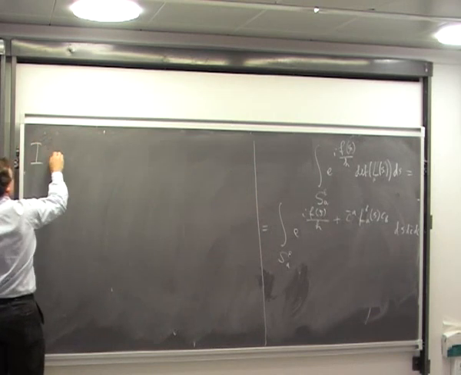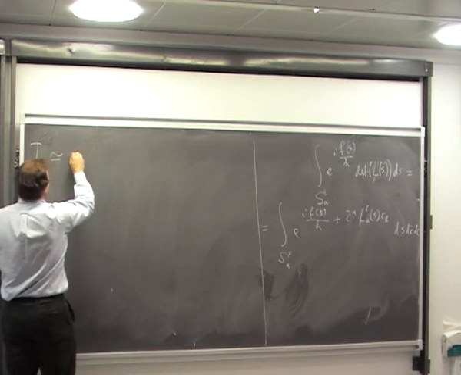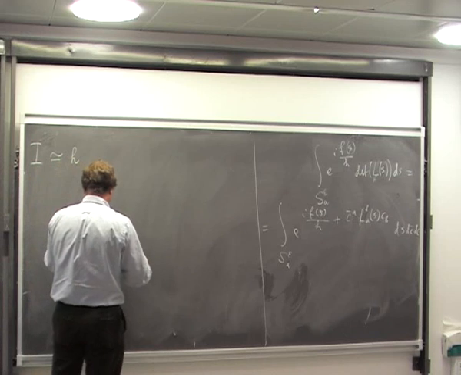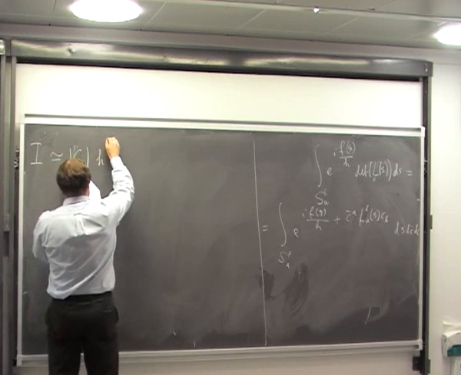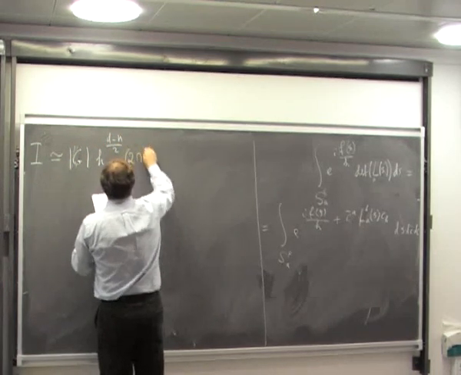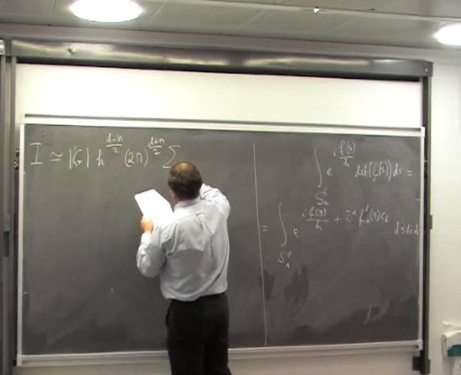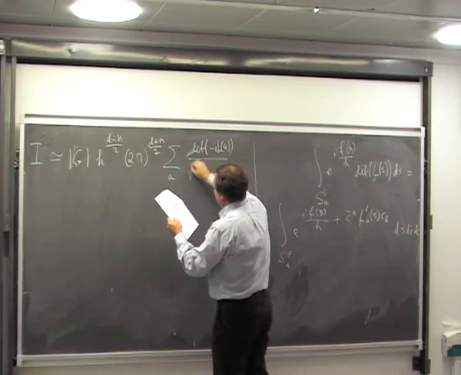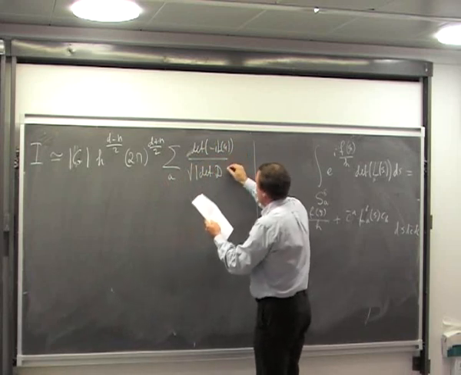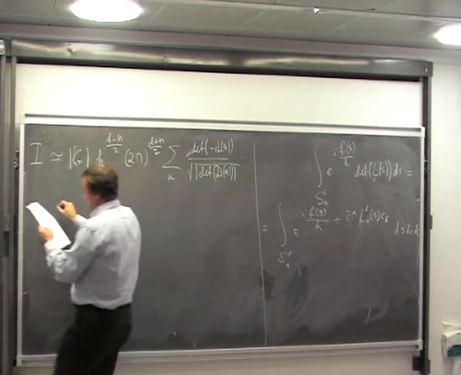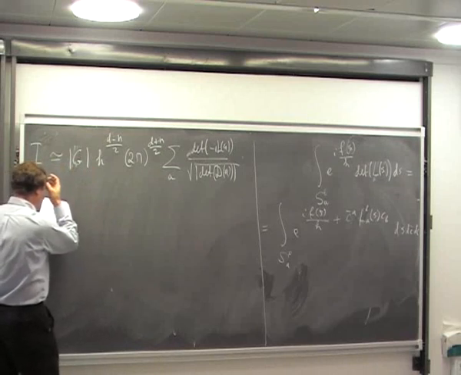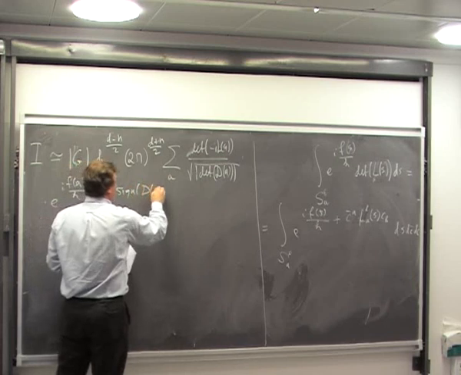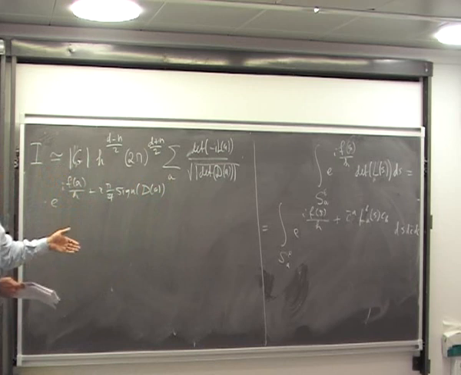So the integral in question is asymptotically equivalent to H, same powers, I'll denote this GA, signature GA, and GA is the matrix of second derivatives of F restricted to the surface of the constraint.